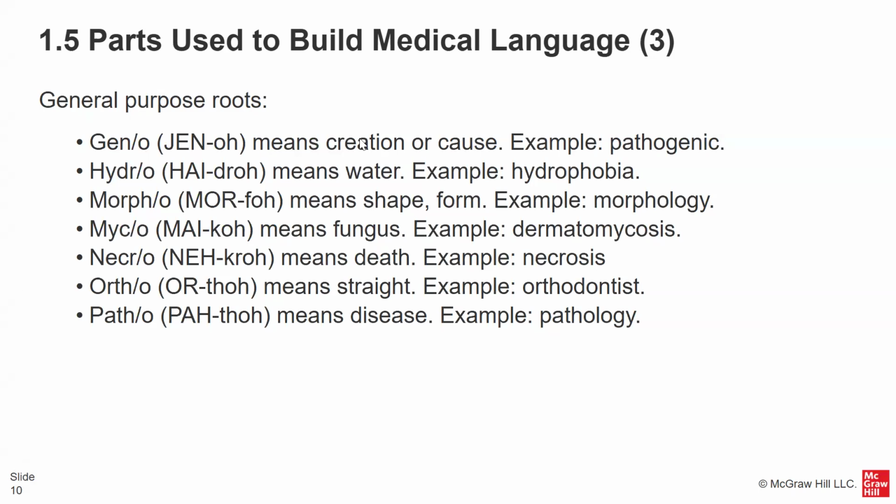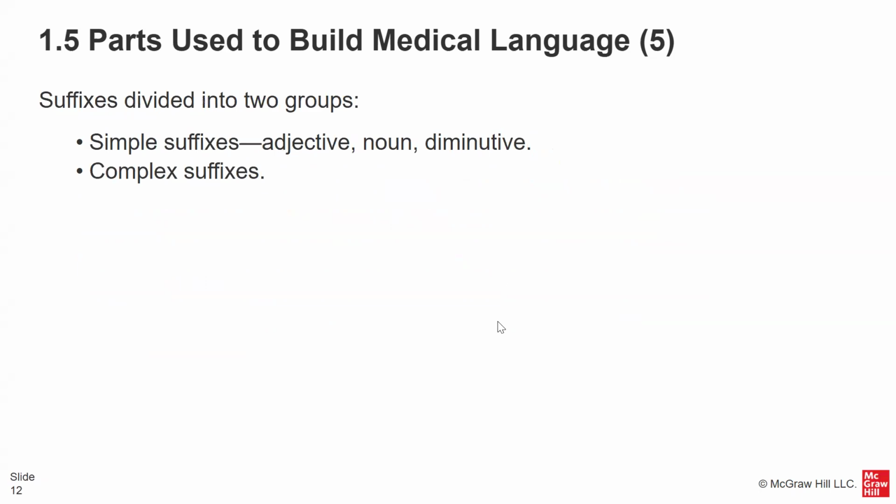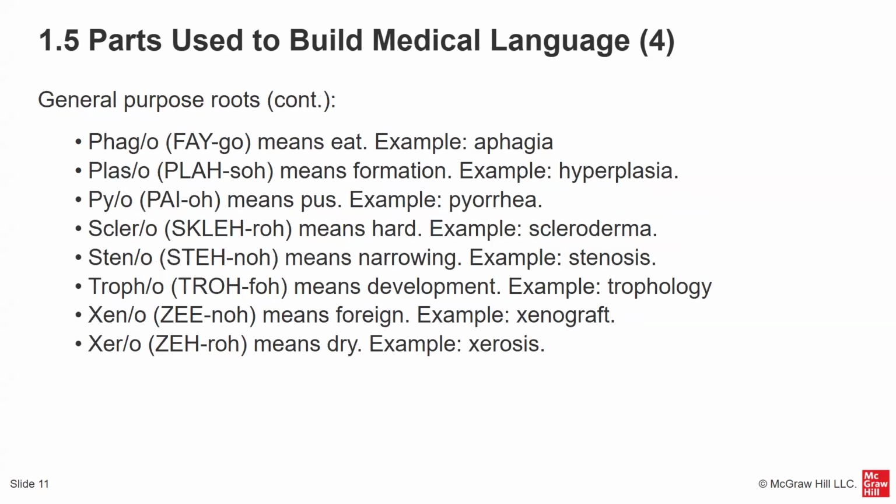So geno, meaning to create, hydro, meaning water, morpho, meaning shape, as in morphology, the study of shape, myco, meaning fungus, dermatomycosis, the abnormal condition of a fungus of the skin, necro, meaning death, and so forth and so on. Okay, these are many of the terms we're going to be learning this semester.